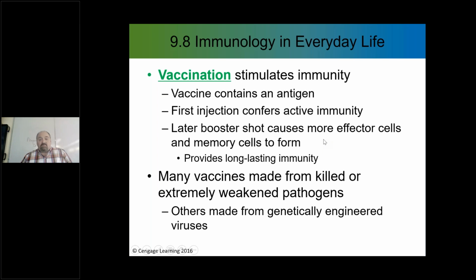Later booster shots cause more effector cells and memory cells to form. So again, booster shots will just strengthen your immune response to whatever it is that we're trying to create this vaccine for. The booster shots again provide more of a long-lasting immune response. There are more memory cells created, just boosting that immune response.